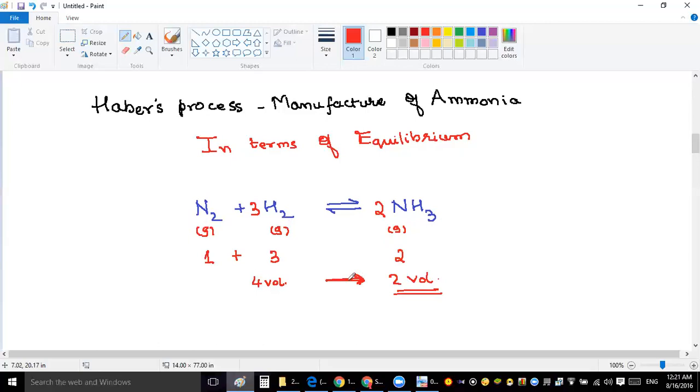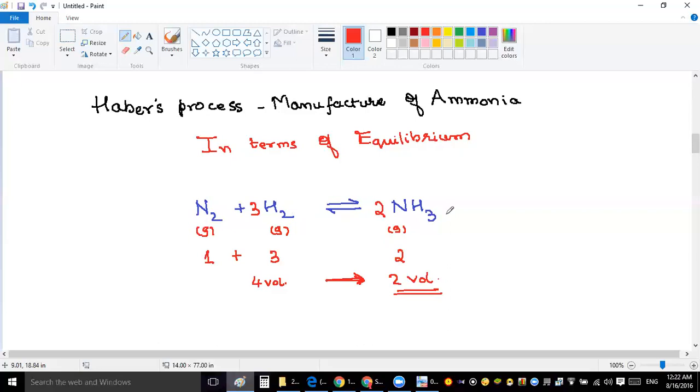When you increase the pressure, I'm shifting the equilibrium towards right. It means I'm going to get more ammonia. The amount of nitrogen and hydrogen is going to reduce. The concentration of nitrogen and hydrogen is going to reduce, so that if I put more nitrogen and hydrogen in the reaction mixture and apply more pressure, I'm going to get more ammonia. That is what we are supposed to do.